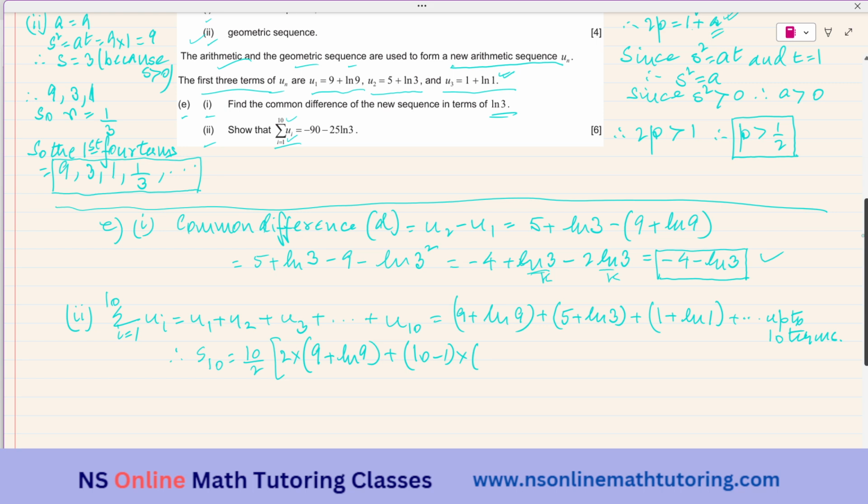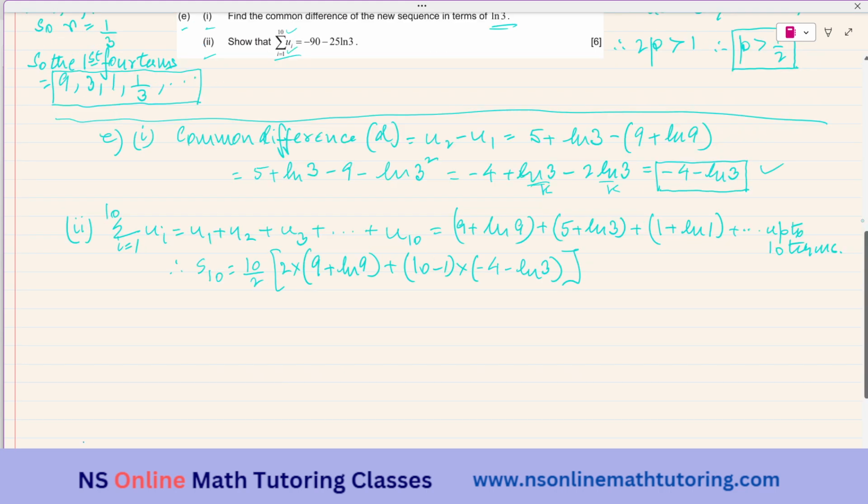It is this, minus 4 minus ln of 3. Okay. So this is equal to 5 and 2 times 9 is 18 plus 2 ln of 9 and 10 minus 1 is 9. 9 times negative 4 is negative 36. And 9 times negative ln of 3 is negative 9 ln of 3.